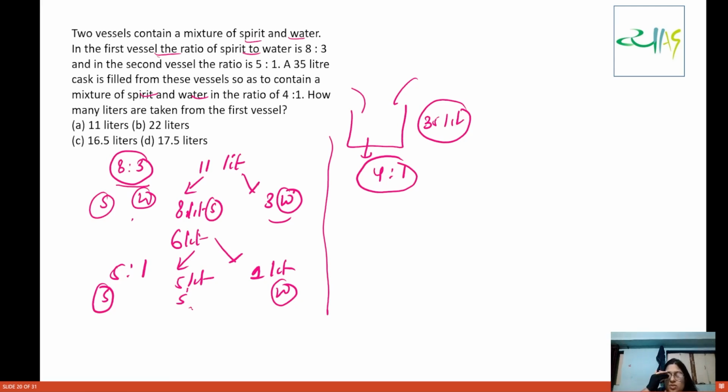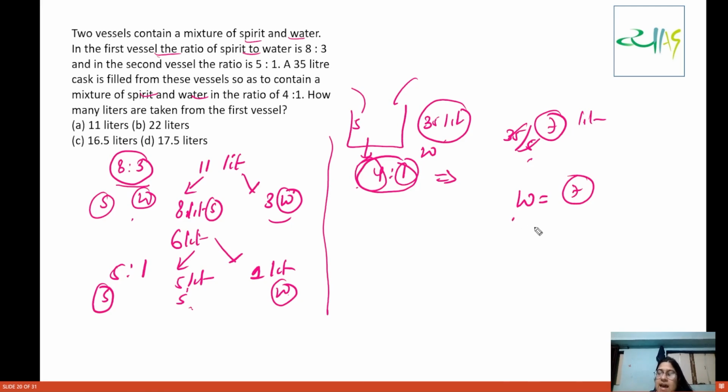This will be equal to 35 by 5, that is 7. We have one part of 7 liters, so this has four parts of spirit and one part of water. So we have 7 liters of water and we have 28 liters of spirit.